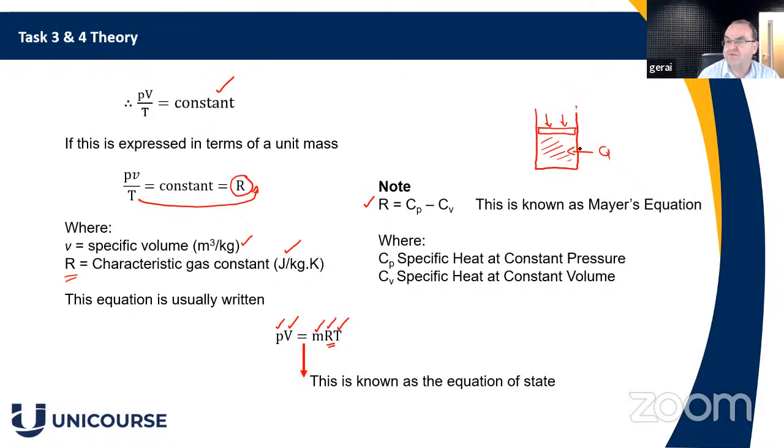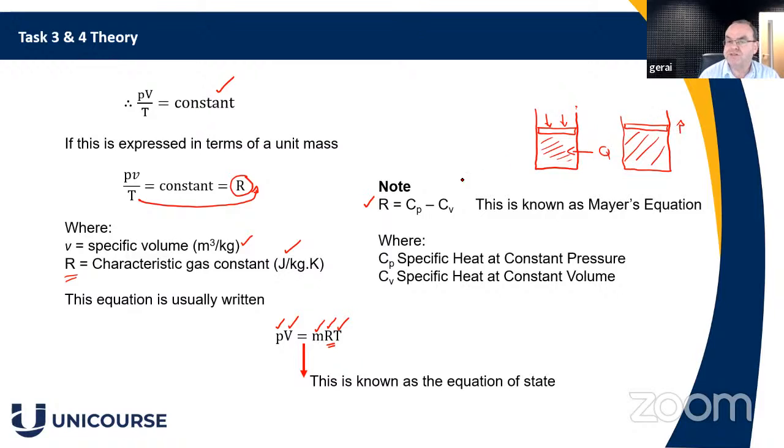So if we put energy into that, what's going to happen is our piston is going to move up, isn't it? So we'll draw our cylinder again. Rough, but there we go. As that heat goes into there, the gas is going to expand and the piston moves up.